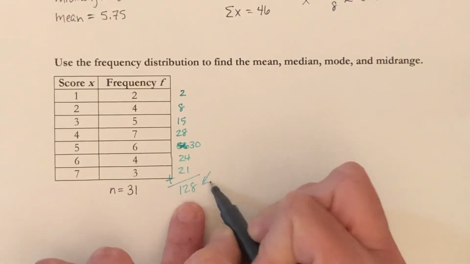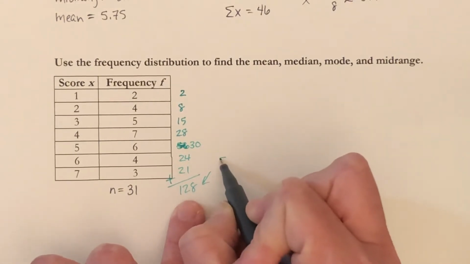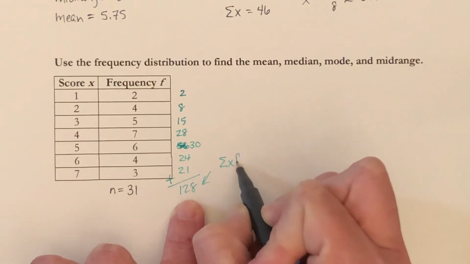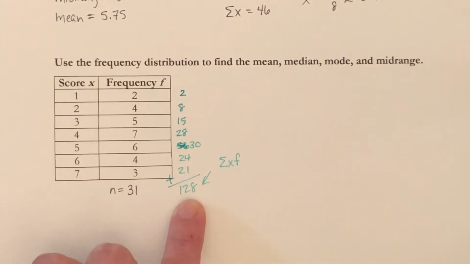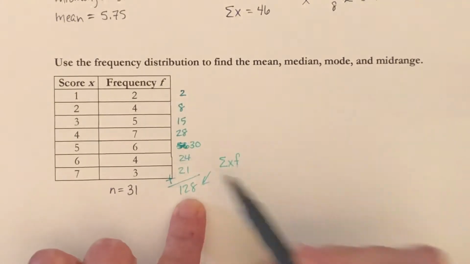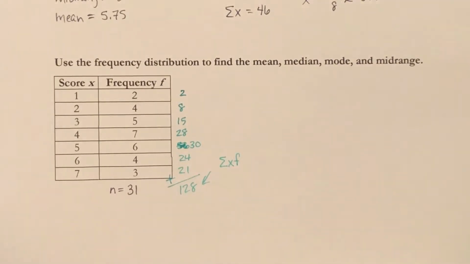This value right here is the sum of frequency times value in the formula for finding the mean of a frequency distribution. So to find the mean, we have all the information here.